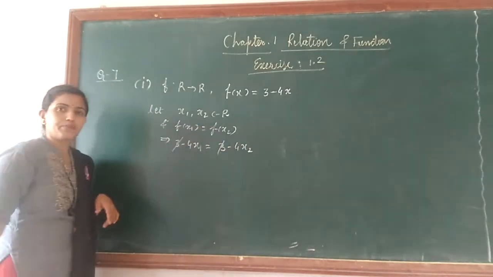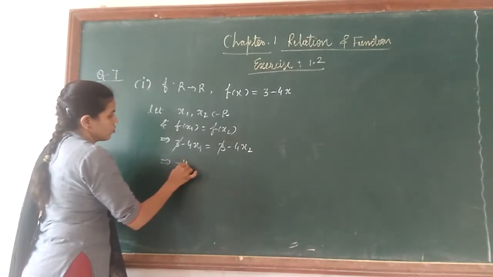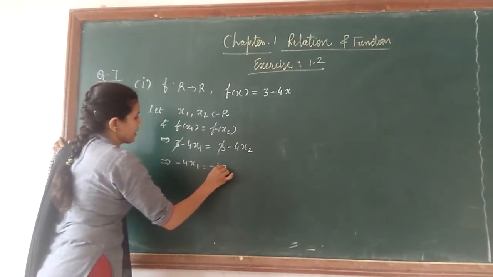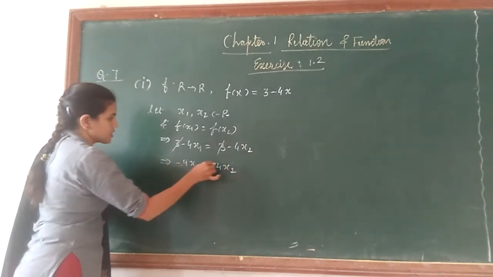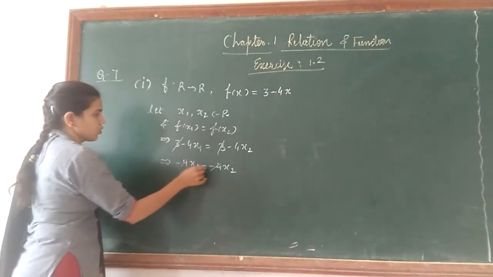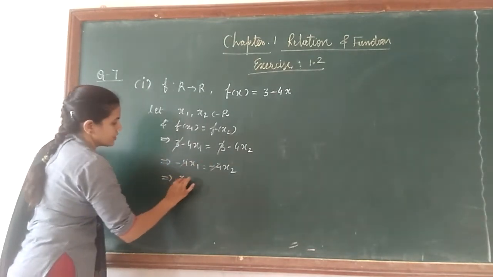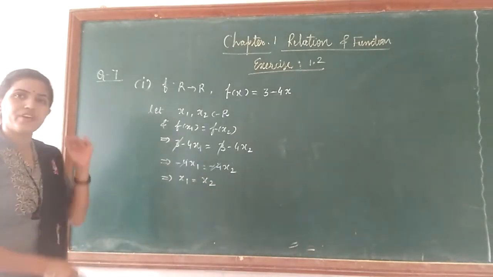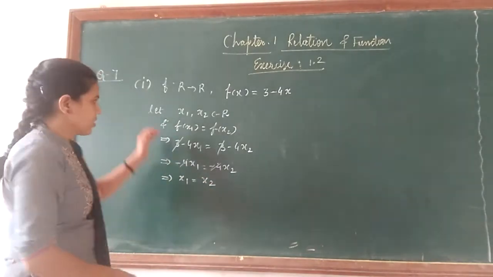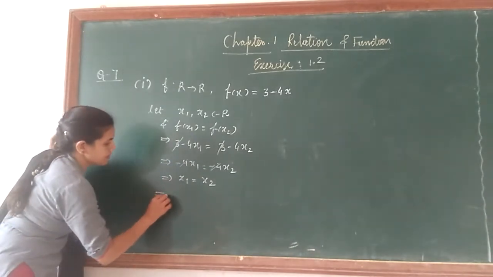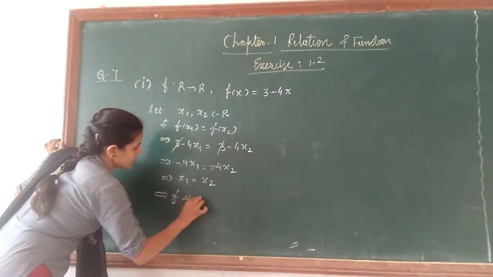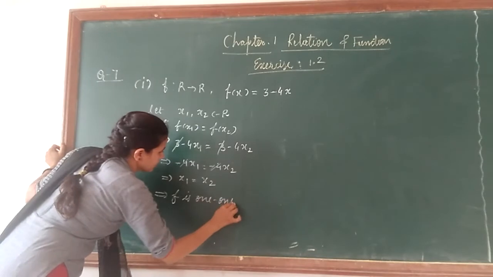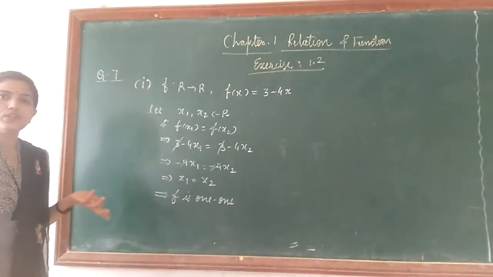On both sides 3 can be cancelled, then minus 4x1 equals minus 4x2, so the minus 4 on both sides can be cancelled, so the answer is x1 equals x2. See the simplification, very easy. So that will give that f is one-one. So f is one-one, done.